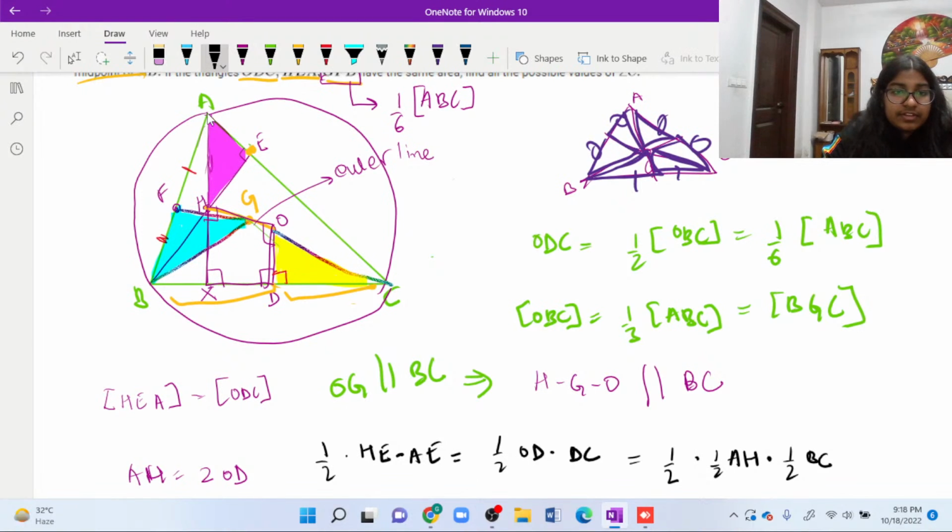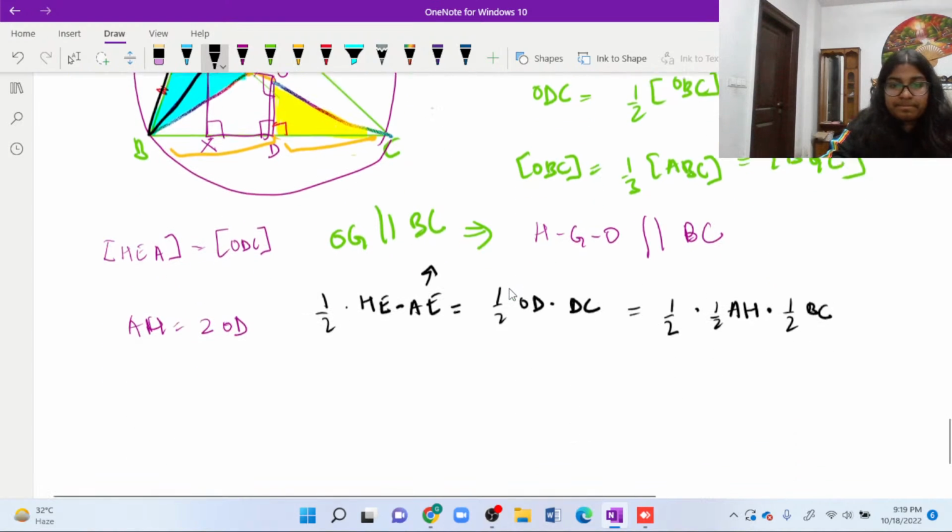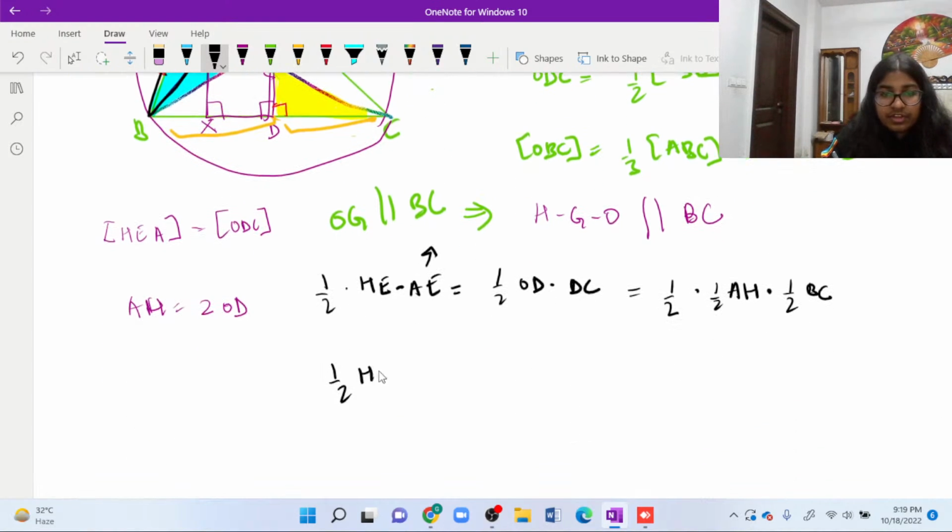Now looking at this triangle, this angle is A, so basically AE by AB equals cos of A. So AE is just AB cos A, which is C cos A. So half HE times C cos A equals half times half AH times BC.